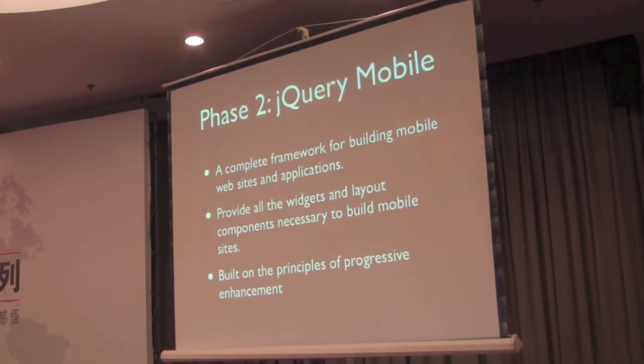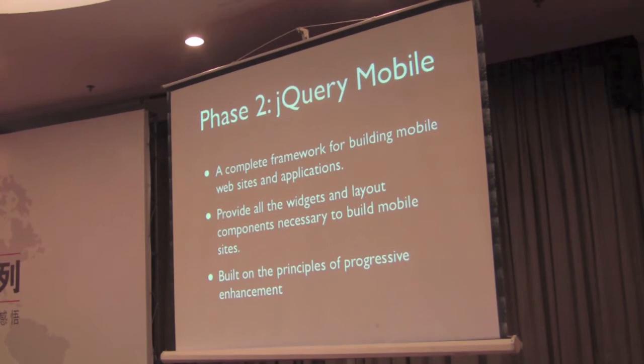Now, what's important about this is that jQuery Mobile is built entirely on the principle of progressive enhancement, which means that you start with plain HTML. You start with a web page that works, and then you use jQuery Mobile to enhance it and to create a web page that is much more functional and much higher level. It works well on the top devices.